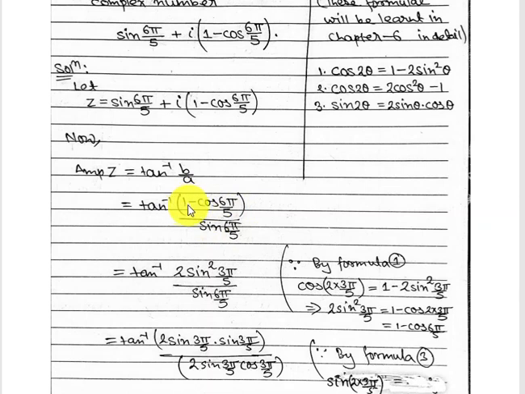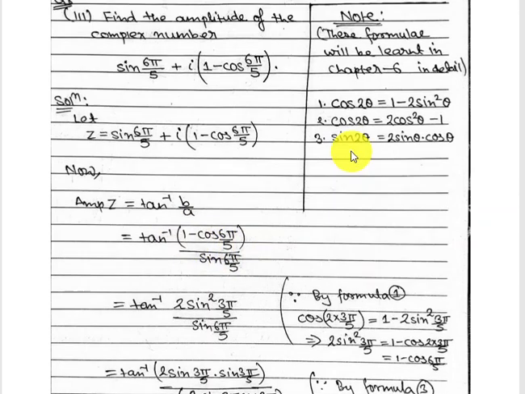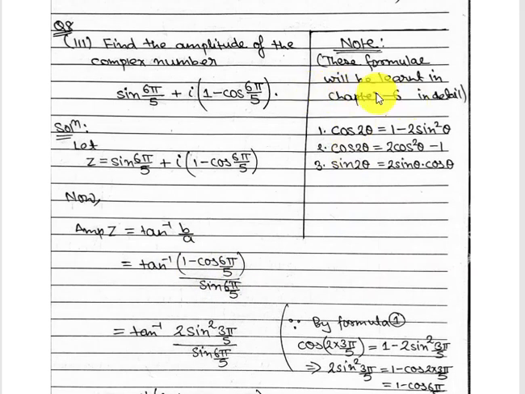So the numerator can be simplified further, and we have a formula for this. That formula will be taught in chapter 6, and we would do it in detail there. So check this first formula that I have written over here. Cos 2 theta is equal to 1 minus 2 sine square theta.